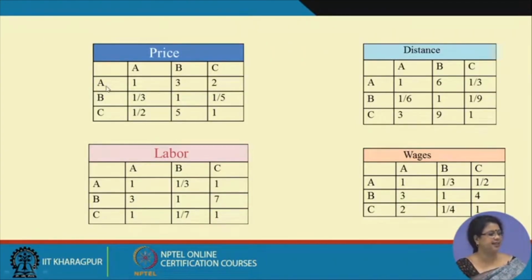It is given that A is preferred to C, but not moderate, not equal, better than that. That is why A is preferred to C. Look at C with respect to A: since A with respect to C is 2, then C with respect to A will be 1 by 2. That way you see A with respect to A is 1, B with respect to B is 1, C with respect to C is 1, and all others are given accordingly.